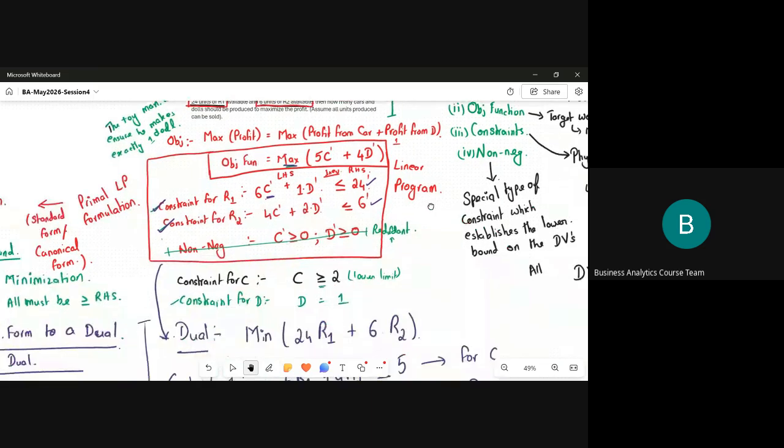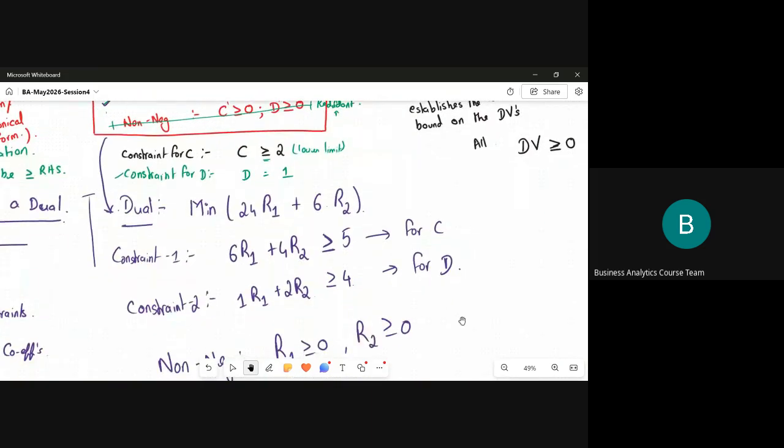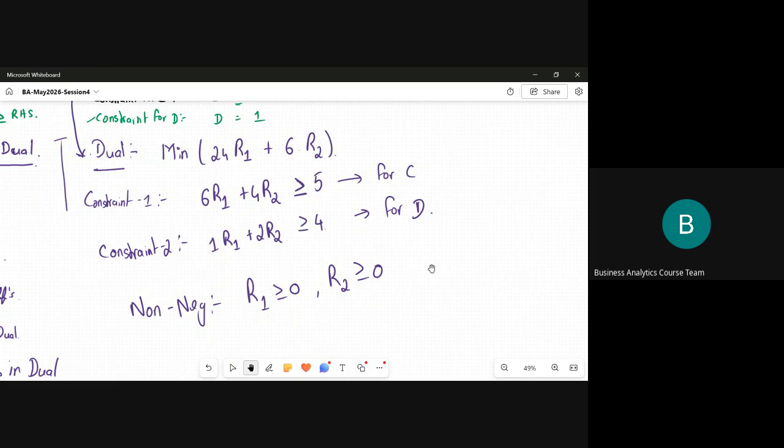Okay. In that case, this formulation which is in blue, for whom will it be the primal? What does this blue formulation tell you? When my objective function is to minimize the resource requirement.